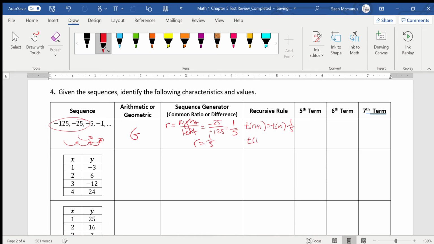And I know the first term, should have done this first, is negative 125. So 5th, 6th, 7th term, so the term after the negative 1, right, I'm multiplying by 1/5. All right, and do it again. So really I'm multiplying the bottom by 5.